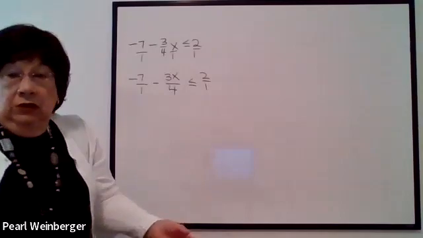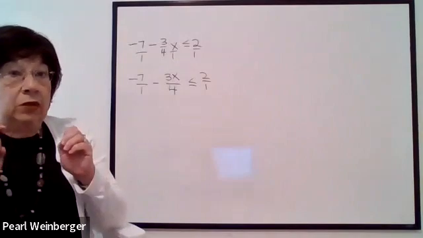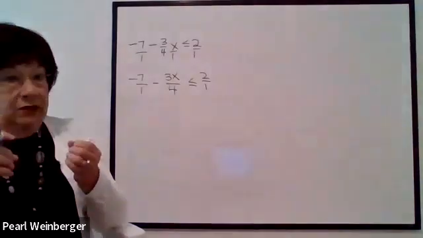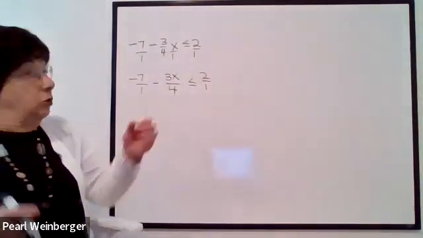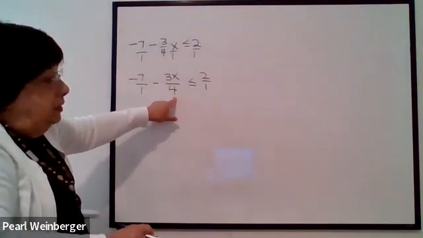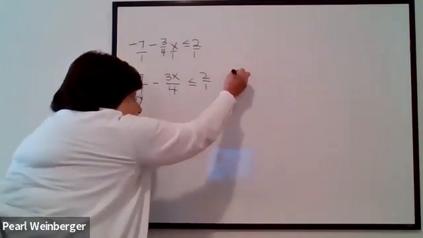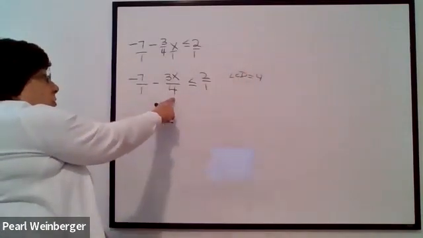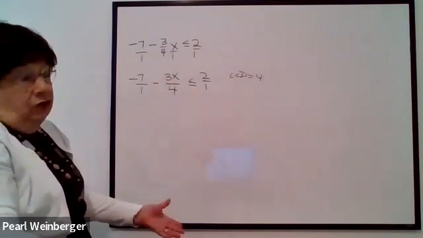Remember, we're looking for a number that both of them will divide evenly into. Obviously, 1 divides evenly into any number. So the only thing we need to worry about is this 4. Our common denominator, our LCD, in this case, is 4. Or alternatively, I could have just multiplied the denominators together. 1 times 4 times 1 gives us 4.